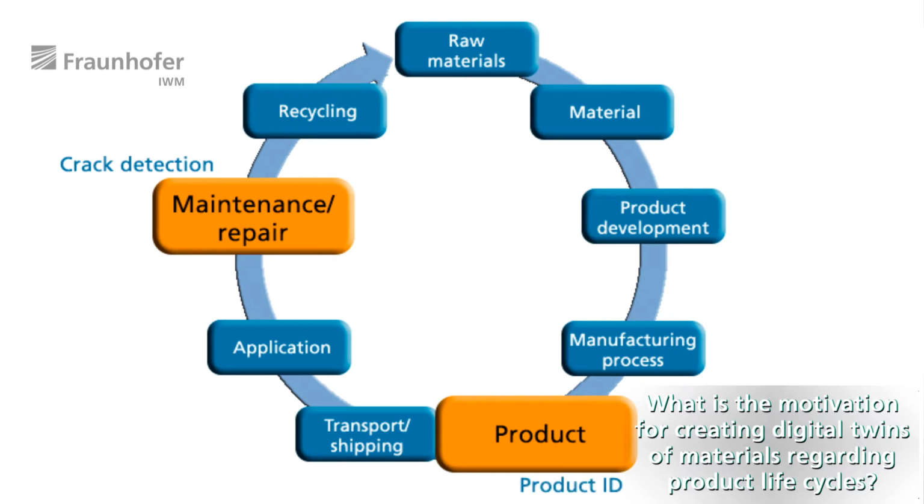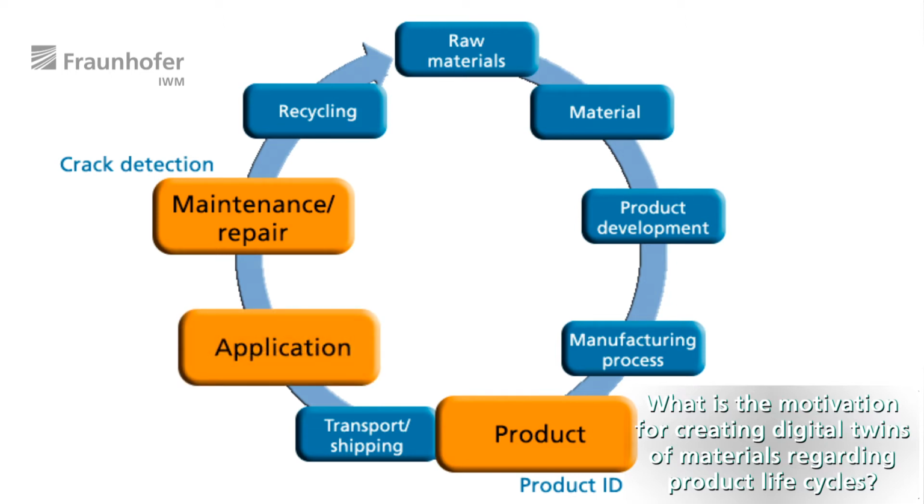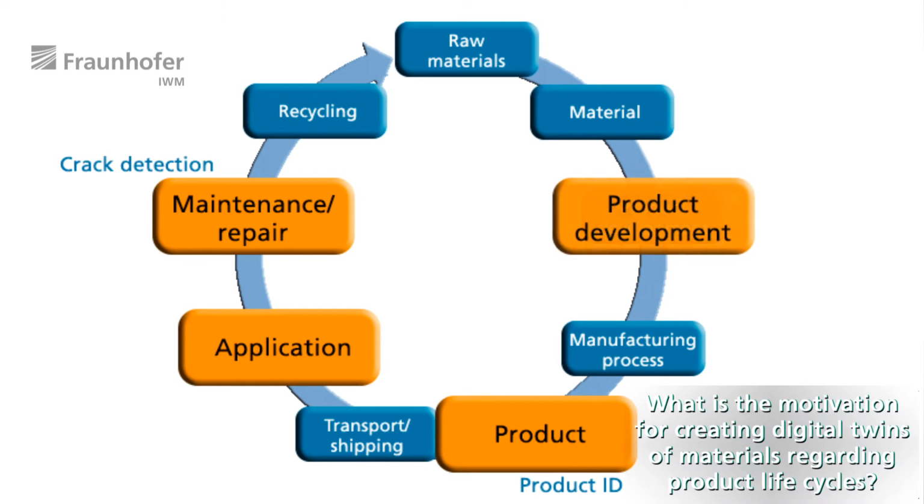With the product ID, I might be able to know how it was used, what the application is, and what the loading conditions on the material are. That could then be used in correlation with my product development, because the product developers had something in mind for how they would use that material inside their application.